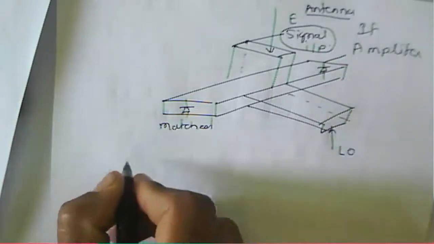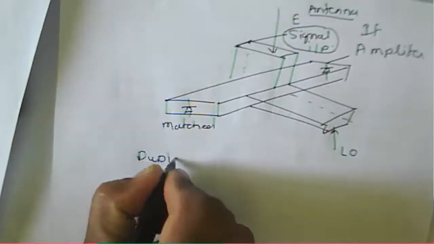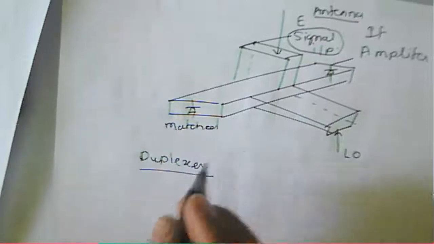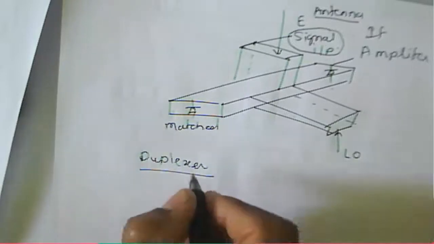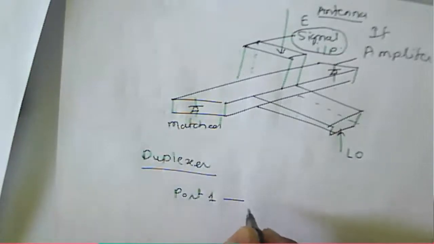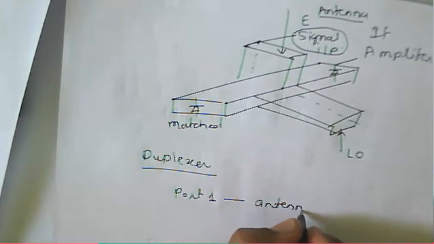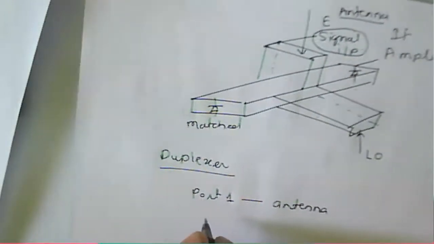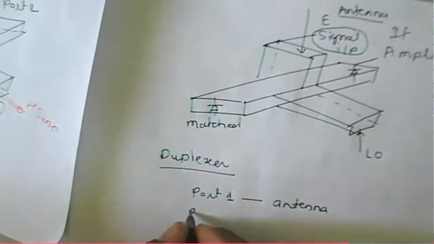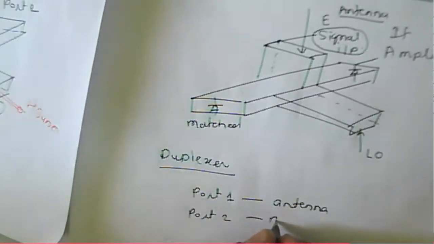So that is called a balanced mixer. But now the same thing is there if you use this as a duplexer. Okay, if we consider this as a duplexer, then what we can do, we can consider port 1 is connected to the antenna. Okay, then we have port 2, port 1 is connected to the antenna, port 2 is a matched termination.